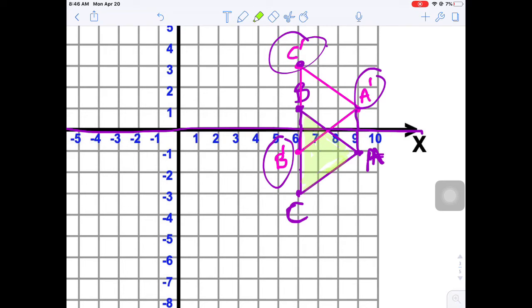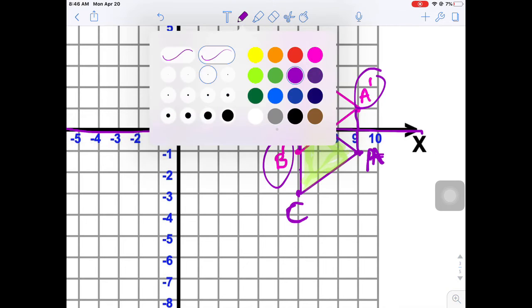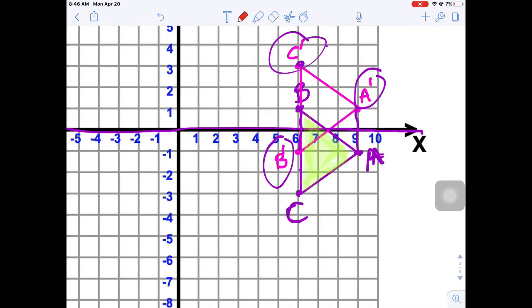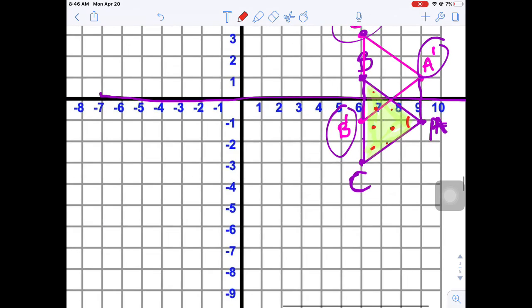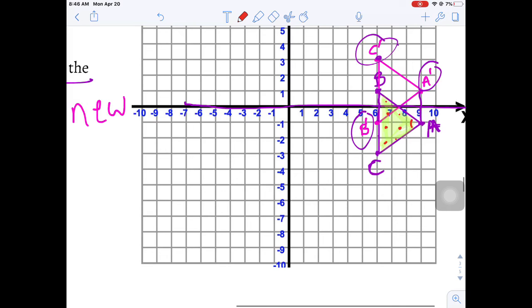So if you were to count how many whole squares you can make inside combining pieces, then what would be the total area? From what I can see, I would approximate. It's not an exact number. It's 1, 2, 3, 4, 5 maybe. This could be 6, 7. So I would say this is approximately 7 centimeters square.